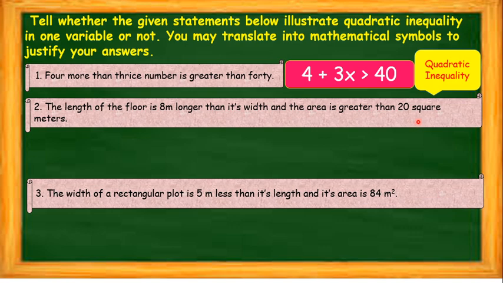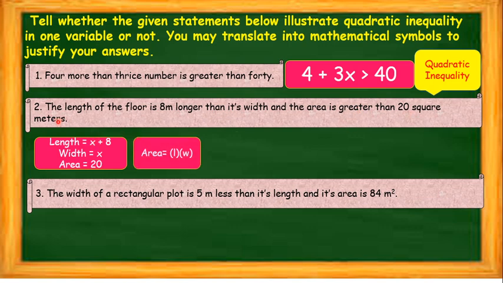Number 2: the length of the floor is 8 meters longer than its width and the area is greater than 20 square meters. Let the length be x plus 8 because it says the length is 8 meters longer than its width. There is no representation for width, so we use x for width. The formula for area is length times width.